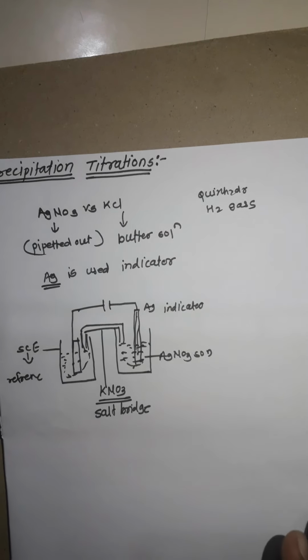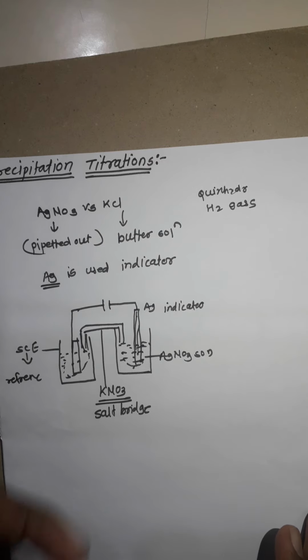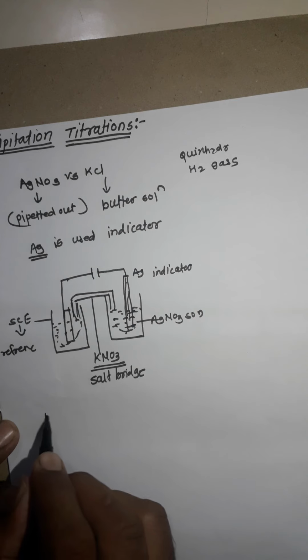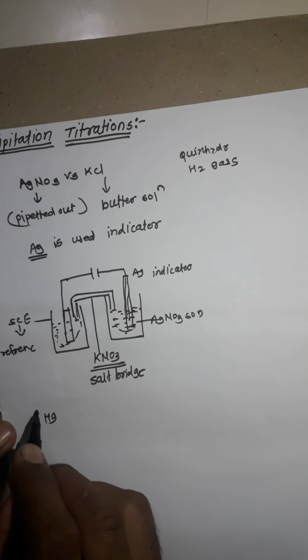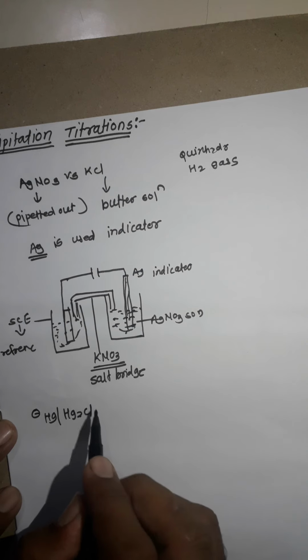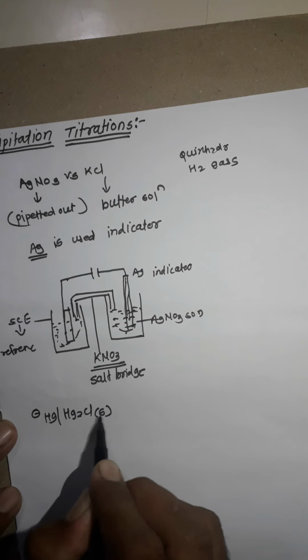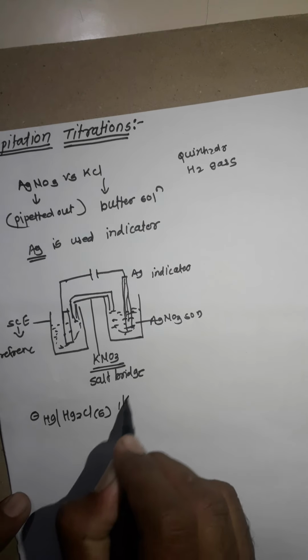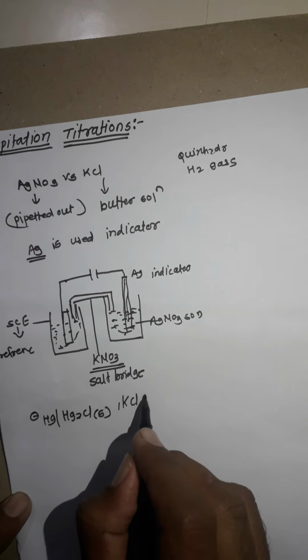This is the diagrammatic representation. Then how to represent this cell? See, Hg, Hg2Cl2, KCl solution.